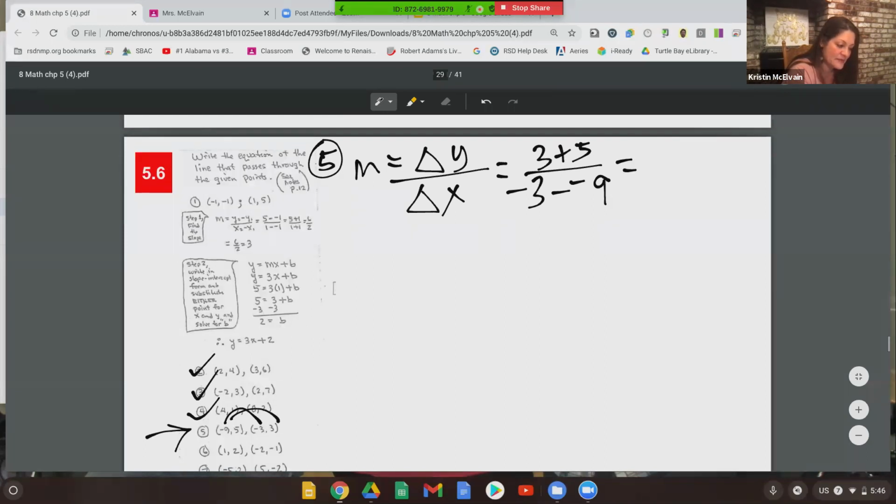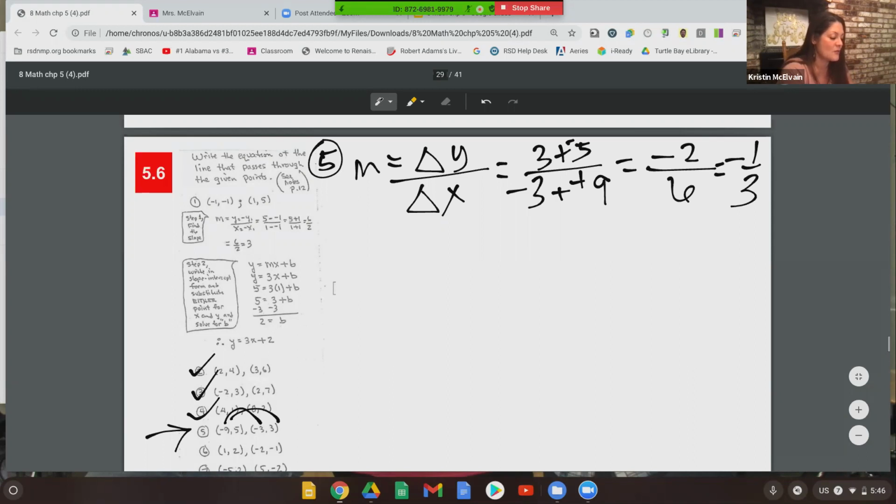When we add the opposite, then we're going to have 3 plus -5 gives us -2 over -3 plus 9 gives us 6. When we simplify that, that gives us -1/3 for our slope.